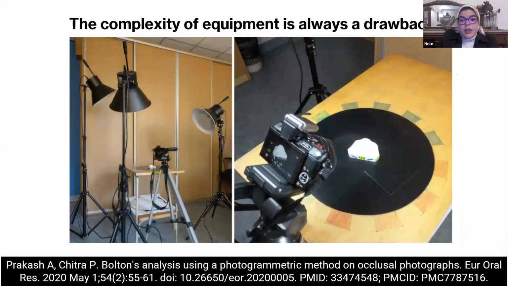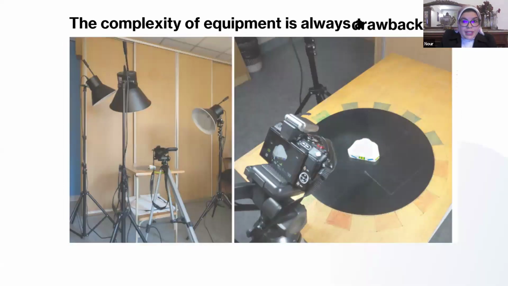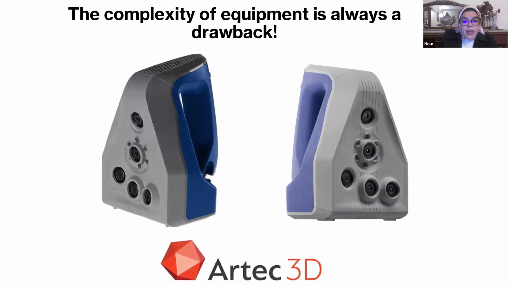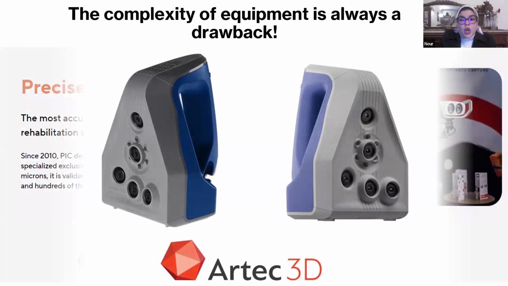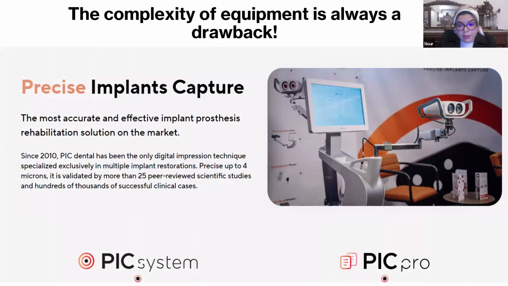The heavy gear, the expensive cameras, more than one lens, which was a bit complex, or in other words, the stereoscope. Even with handheld scanners, which do a great job, like the Arctic handheld scanners or the PIC systems, which are very new and very interesting.